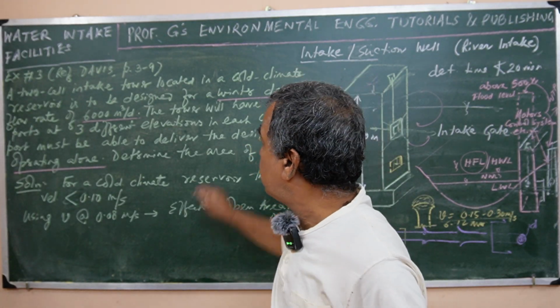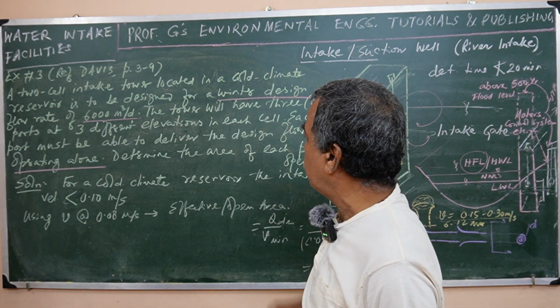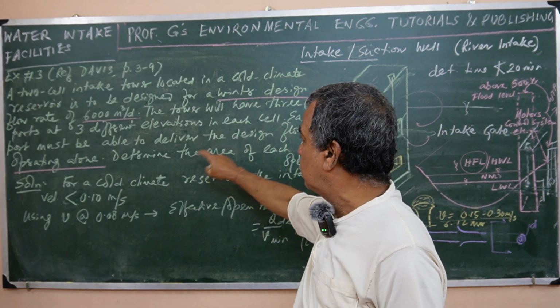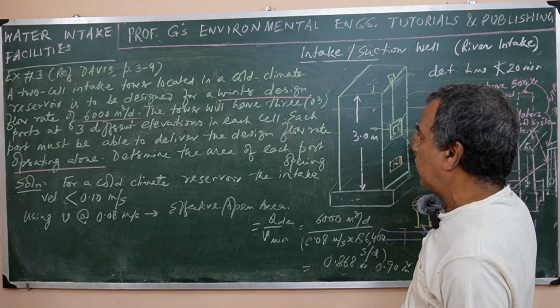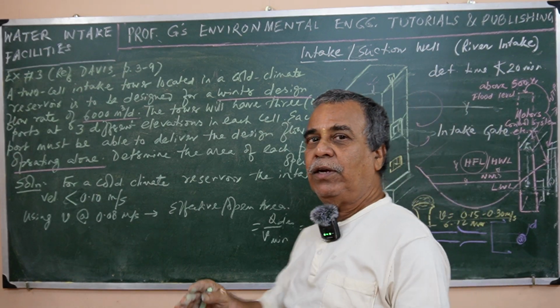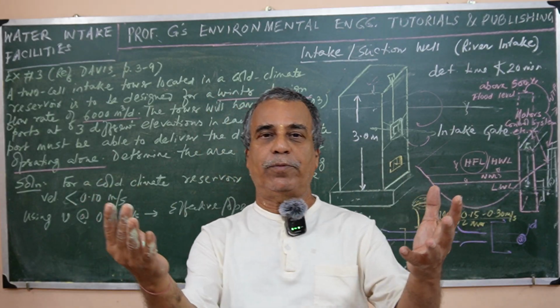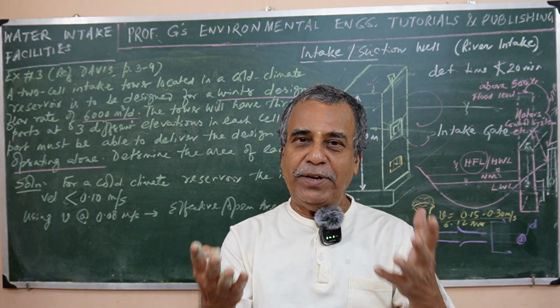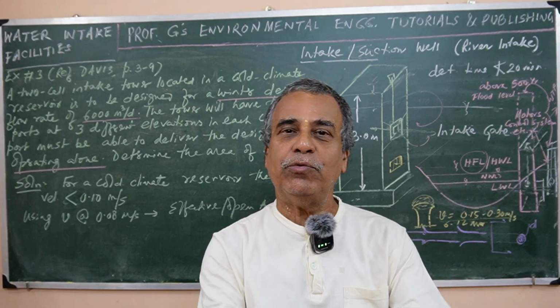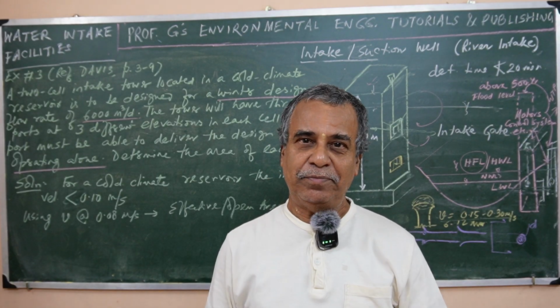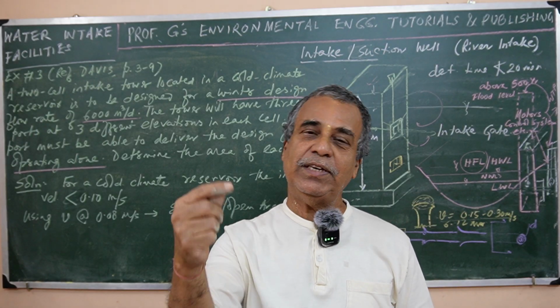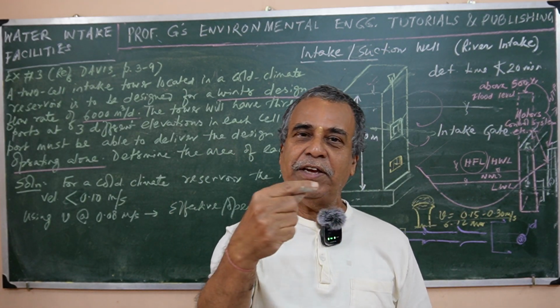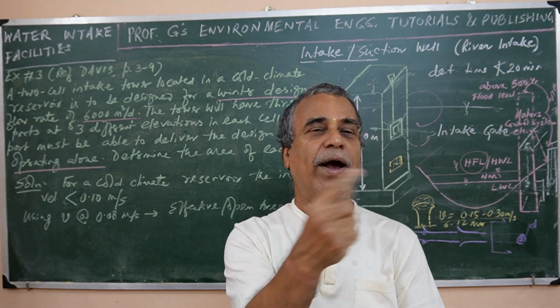This is to be understood, and it is important because usually we divide by the 3 ports provided. Naturally, our understanding is that we will divide Q design by 3 to get how much Q is entering through one port.